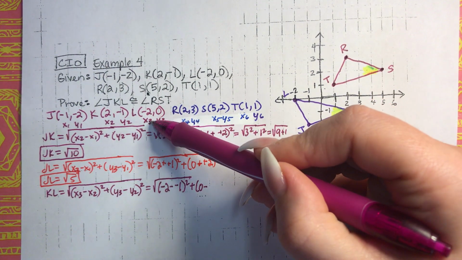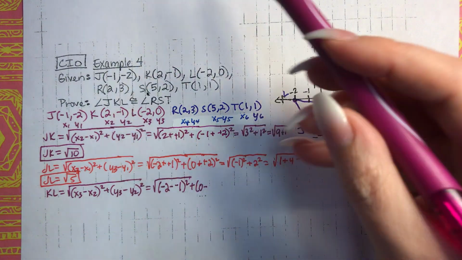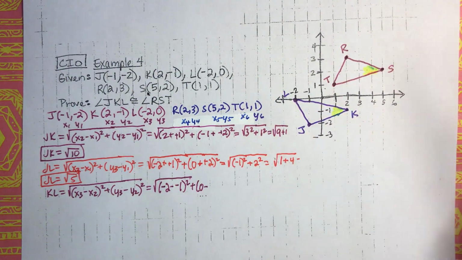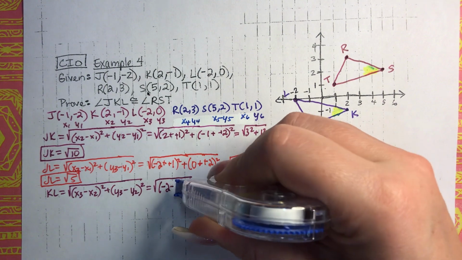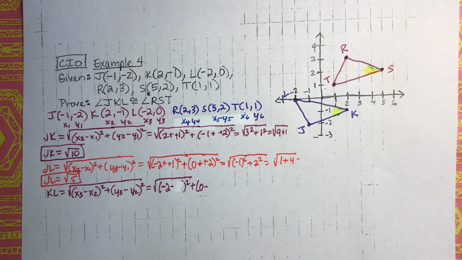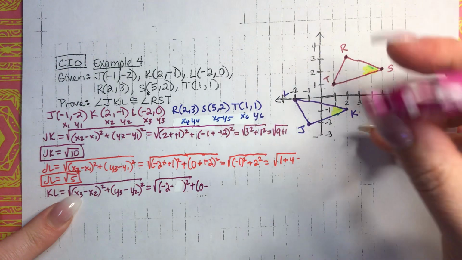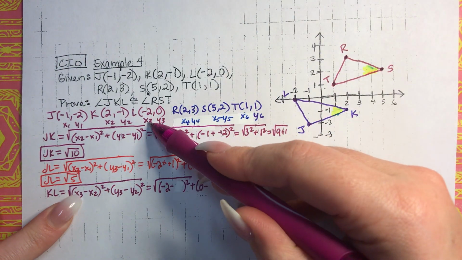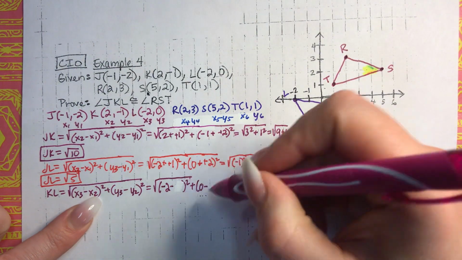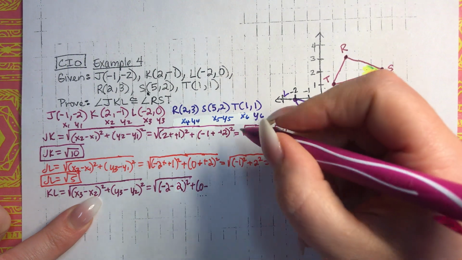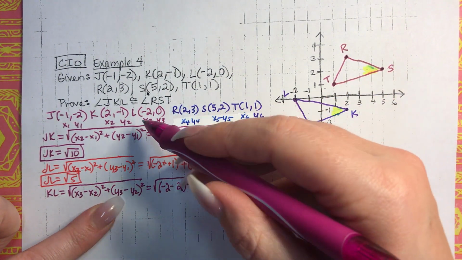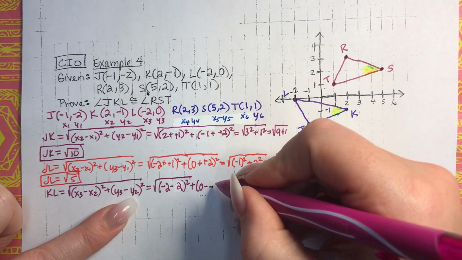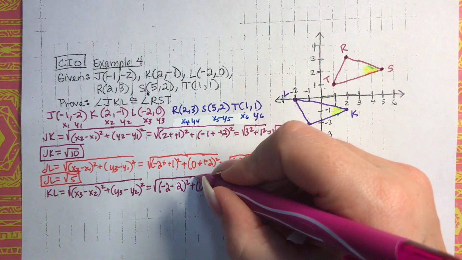It should be -2 minus 2. Why do I keep messing up? Let's start again. x3 is -2 minus x2 is 2. That's what it's supposed to be. And then y3 is 0 minus y2, which is -1. Okay, whew, got it.